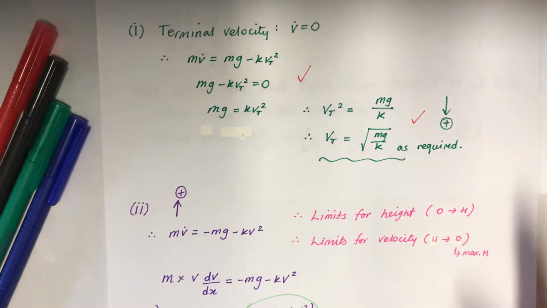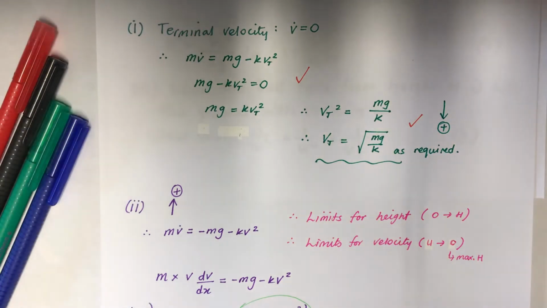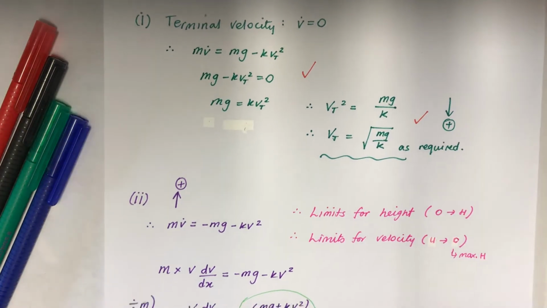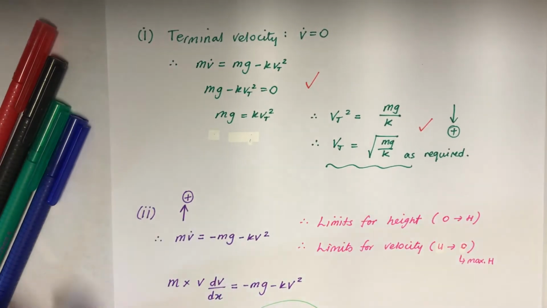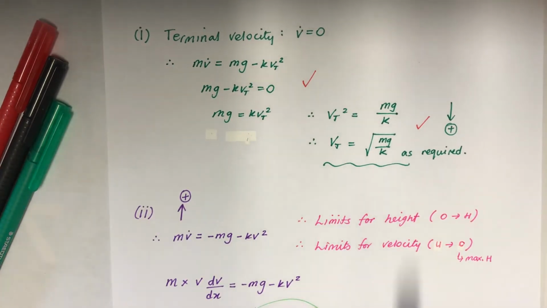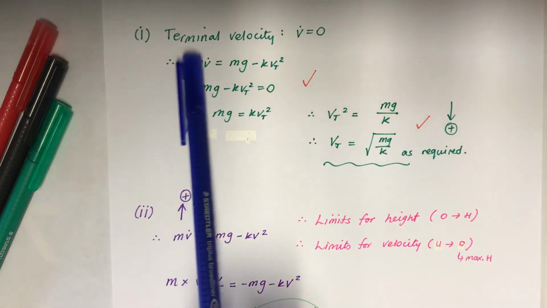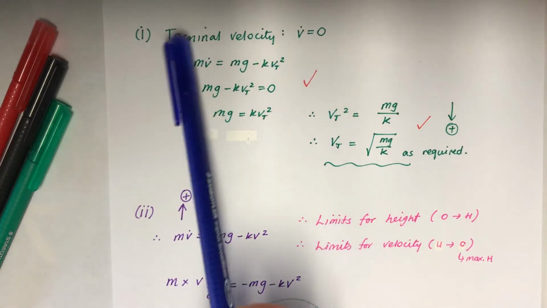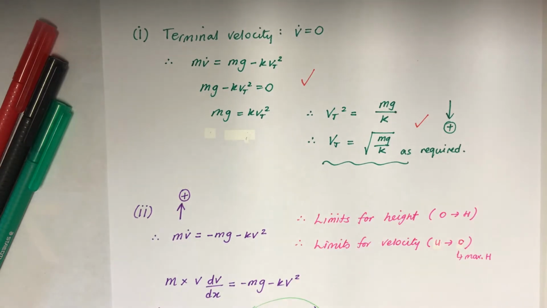So the first one is to show that the terminal velocity Vt of the ball when it falls is the square root of mg over k. So let's have a look at that. When we know the terminal velocity, v dot equals 0, which means acceleration is 0.